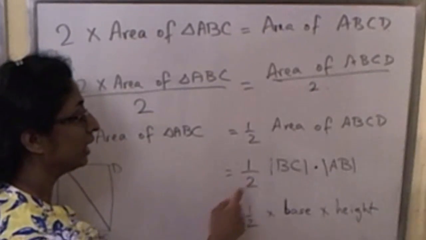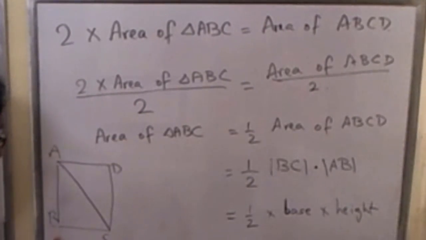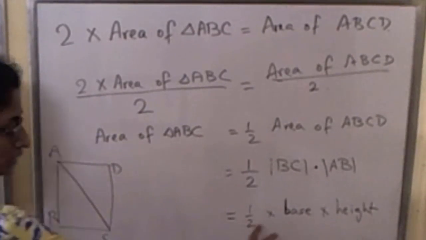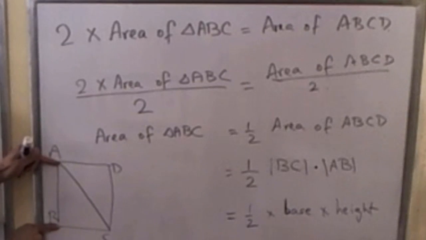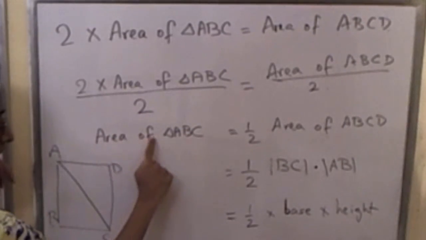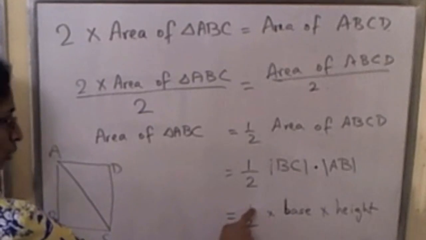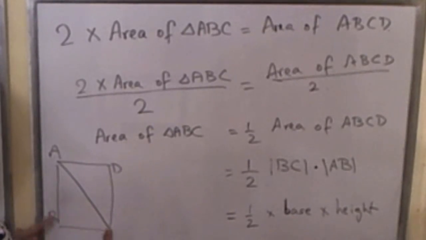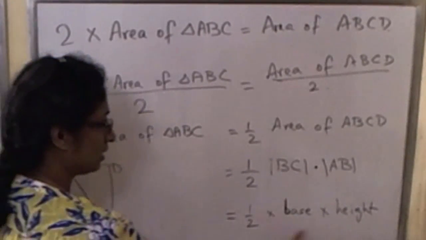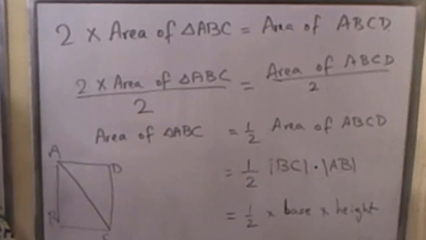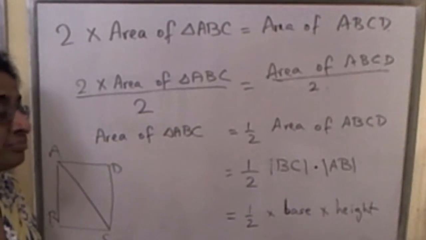Sometimes we refer to this as the base of this triangle, and this length we refer to as the height of the triangle. So the area of the triangle ABC is 1/2 times the base times the height. That is the formula for the area of a right triangle.